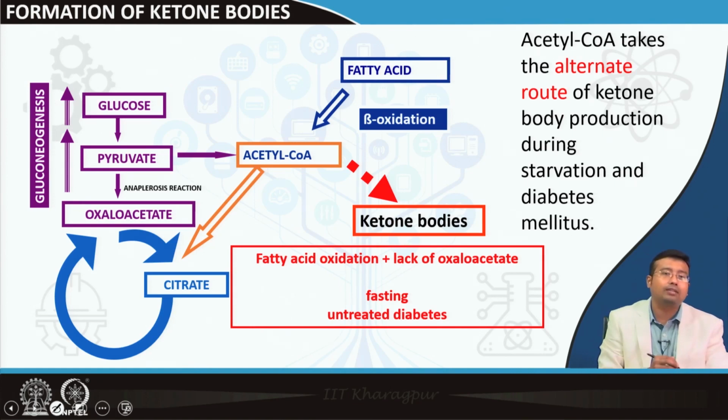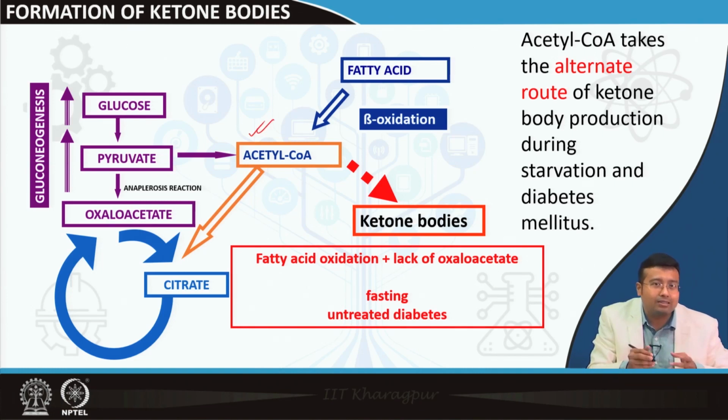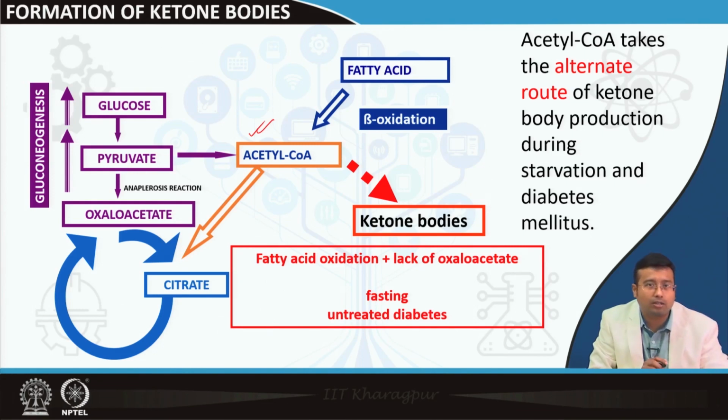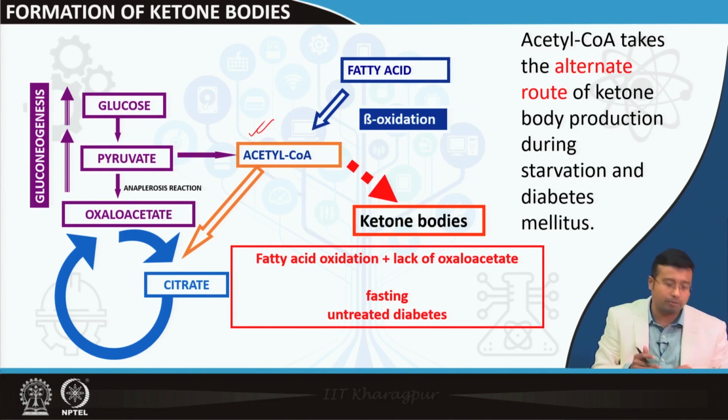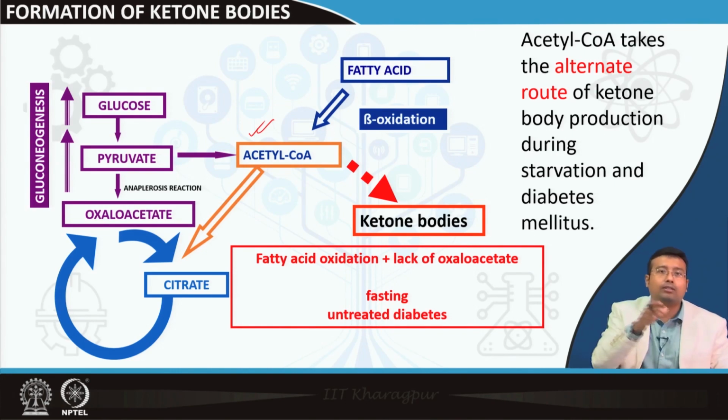What happens if the TCA cycle is jeopardized? The acetyl coenzyme A, which was originally meant to produce energy by going into the TCA cycle and ultimately the electron transport chain, cannot do so, because the TCA cycle itself no longer remains a cycle. In order for a TCA cycle to continue as a cycle, the intermediates have to be replenished.